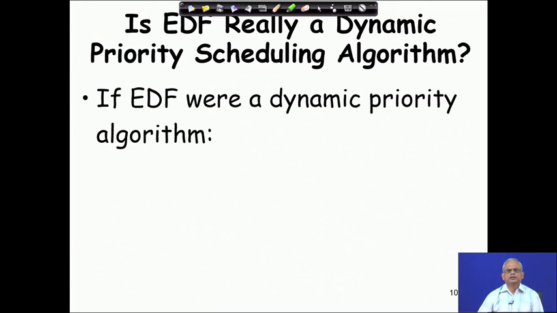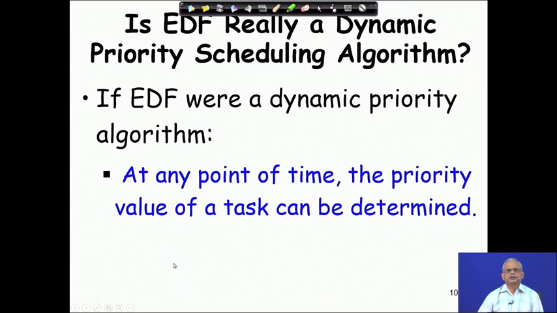But then if EDF is a dynamic priority scheduler, then we should have a concept of a priority, and we should be able to determine what is the priority of a task. We should be able to check whether the priority of a task that is running is greater than the arriving task, or the arriving task has the higher priority.